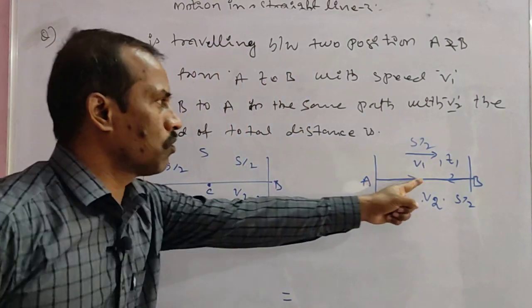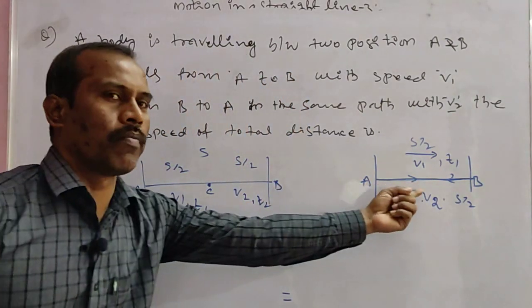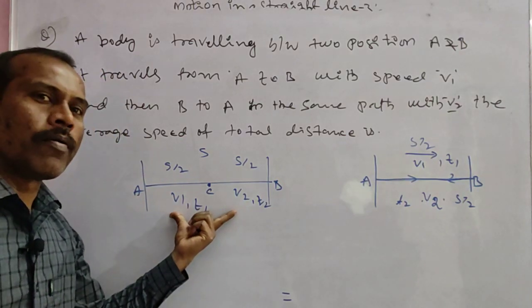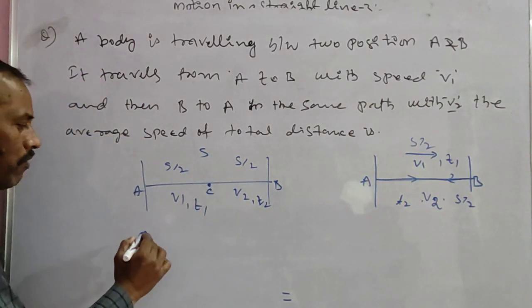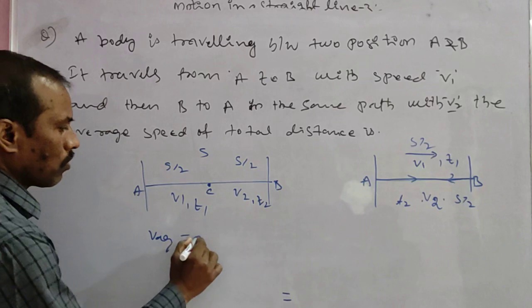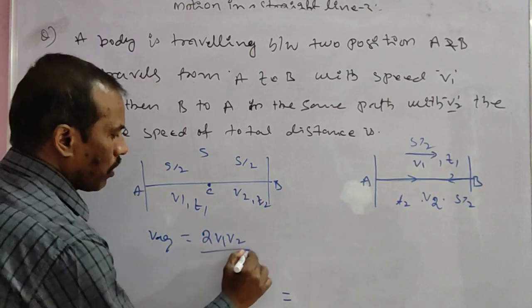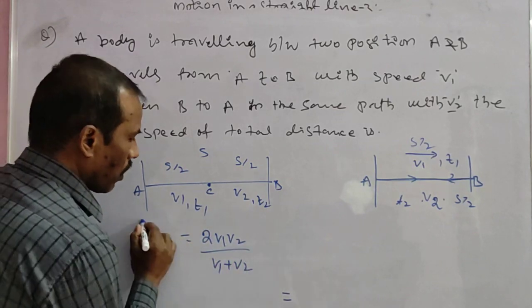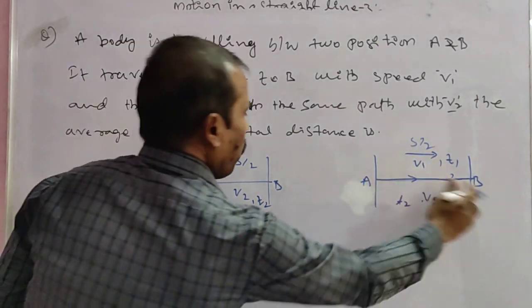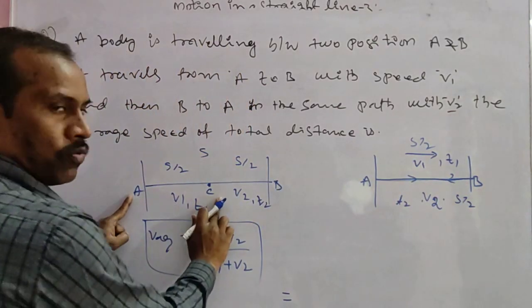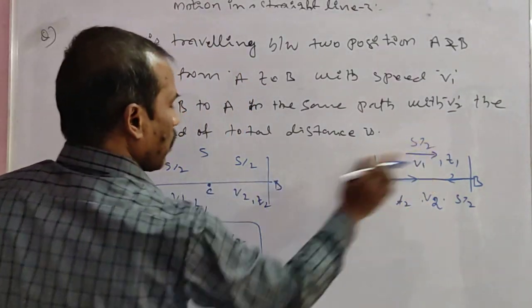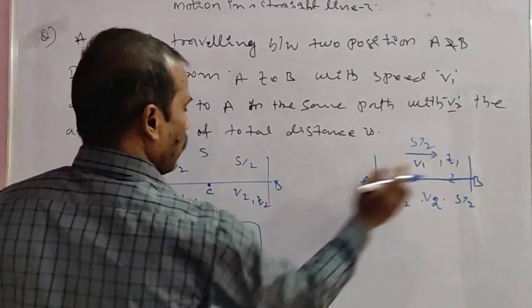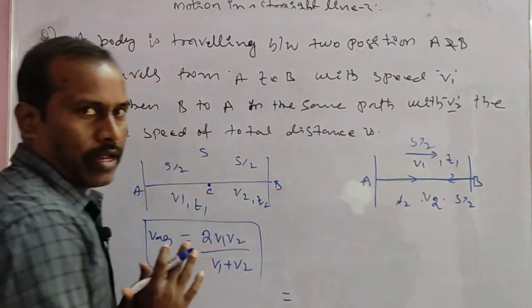So this one compared to the previous one is very simple. The average speed of the particle, as in the previous problem, is equal to 2v1 v2 by v1 plus v2. A to B is nothing but A to C: S by 2, velocity v1, time taken t1.